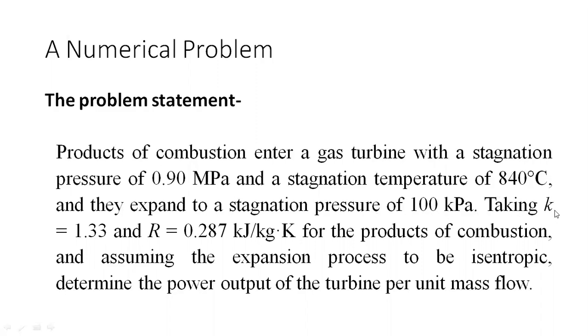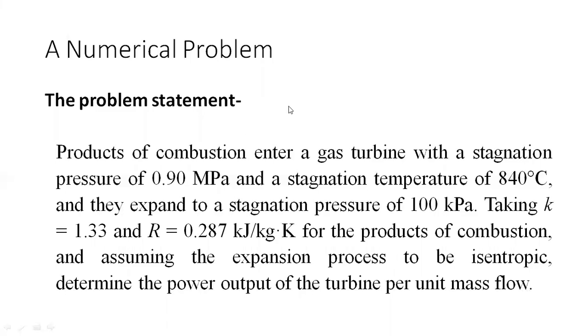Taking k equals 1.33 and R equals 0.287 kilojoule per kg Kelvin for the products of combustion, and assuming the expansion process to be isentropic, determine the power output of the turbine per unit mass flow.